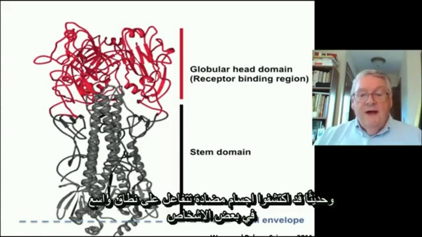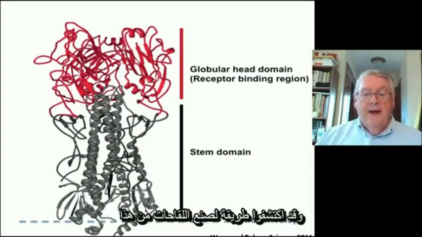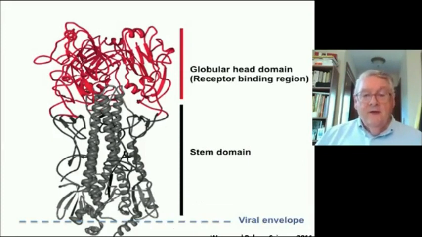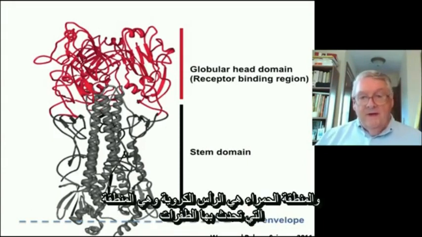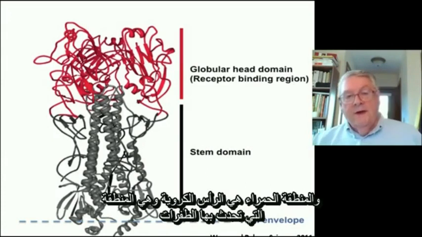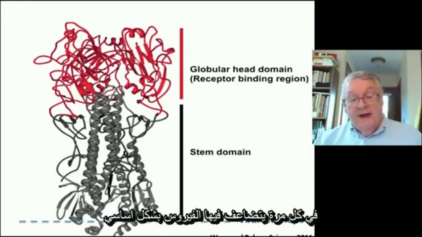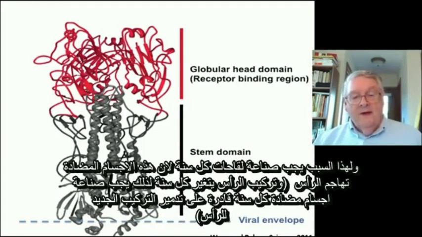Now, they have found that there are broadly reacting antibodies in people, so they have figured out ways to make vaccines from that. And on this slide, this is a slide of the HA. It's a trimer, and the red is the globular head. This is where individual mutations occur every time the virus replicates, basically. And this is why you have to make a new vaccine each year, because those antibodies are directed against the head of the virus.